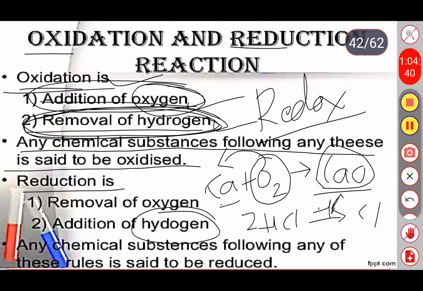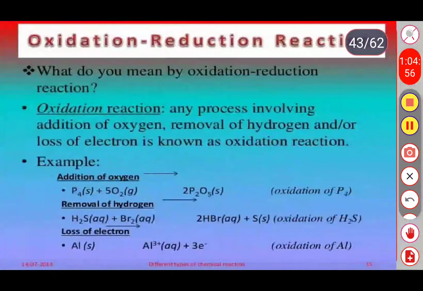See some examples related to oxidation and reduction reaction. Oxidation reaction: any process involving addition of oxygen or removal of hydrogen and loss of electrons is known as an oxidation reaction.